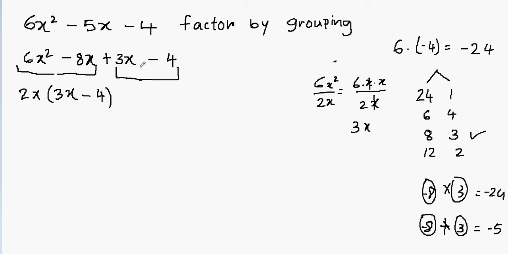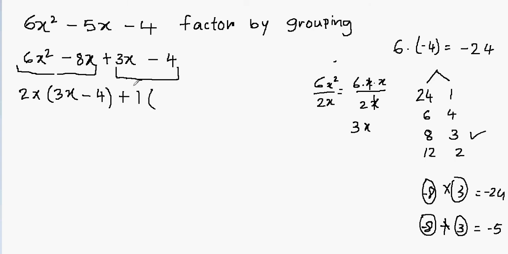Then, what do I do here? Do they share anything in common here? No, they don't share anything in common. So if they don't share anything in common, then what you have to do is factor out 1. You can either factor out positive 1 or negative 1, but in our case, negative 1 will not work. So we'll just factor out positive 1. In some cases negative 1 will work, but here I have to take out positive 1 as common.